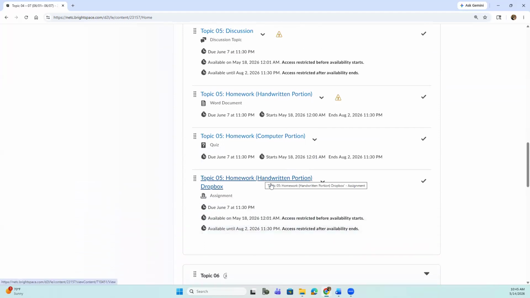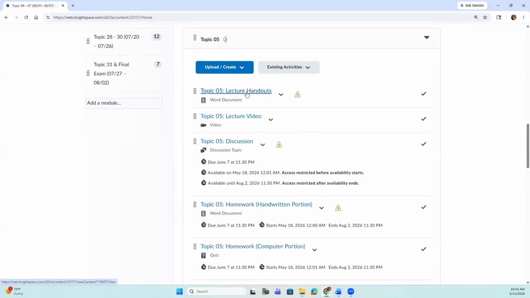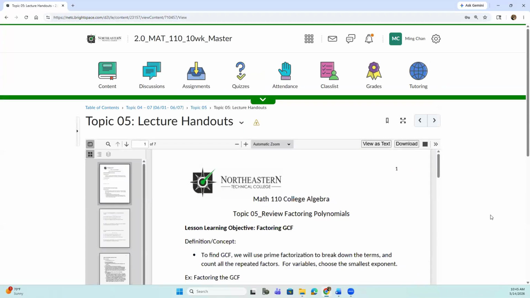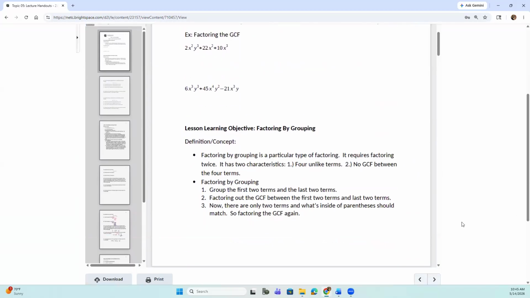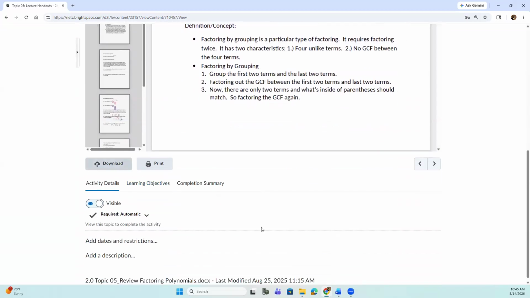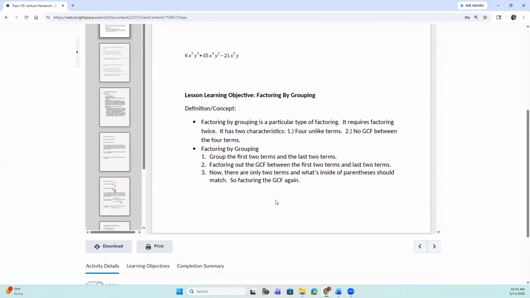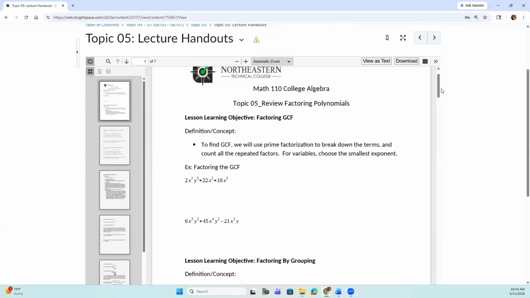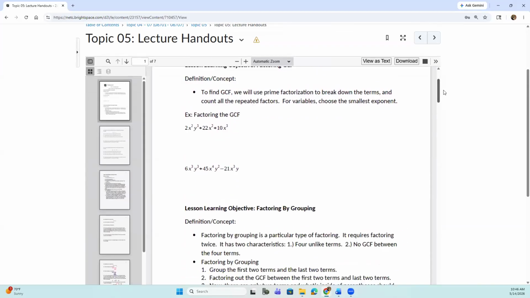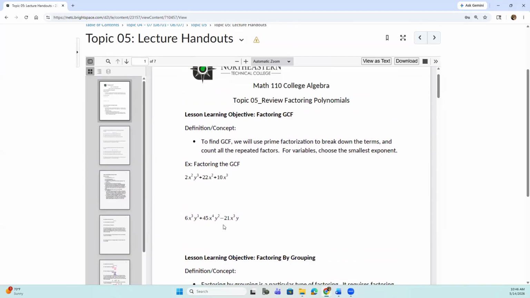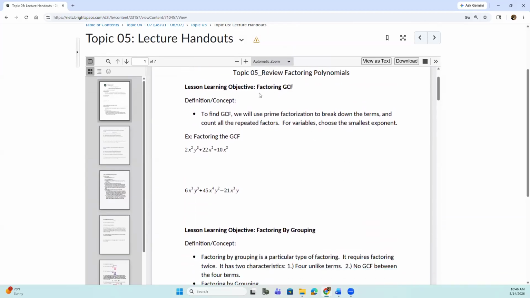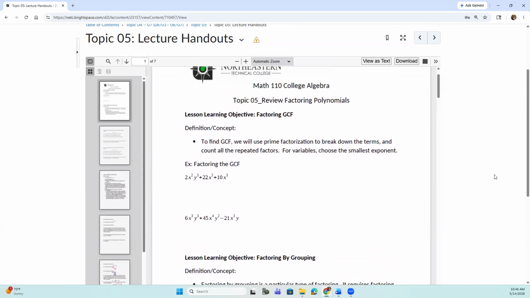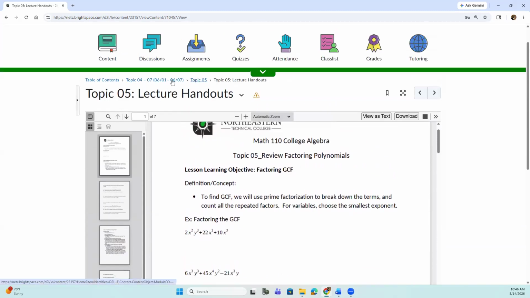So what students normally do for any given week is to first print or copy down the lecture handouts. If you do have a printer, click on the lecture handout, scroll down a little bit, and click on download. Download this Word document and print the lecture handout from it. If you do not have a printer at home, please copy down what's on the lecture handouts, and then use the handout to watch the lecture video and take notes.